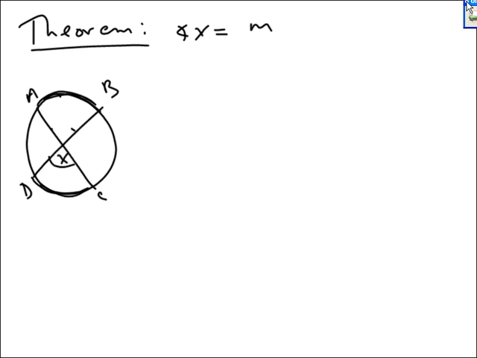Angle X is equal to the measure of the arc AB plus the measure of arc CD. Half of that.